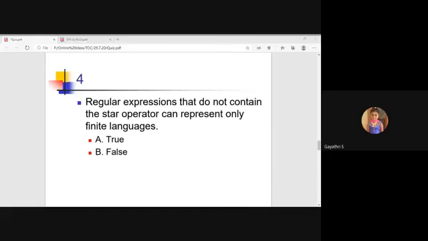If the regular expression does not contain any closure, it is finite. Whether the statement is true or false? Yes, true. If your regular expression does not contain any star operator, then the language should be finite.